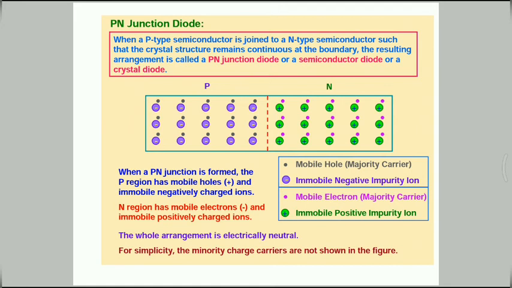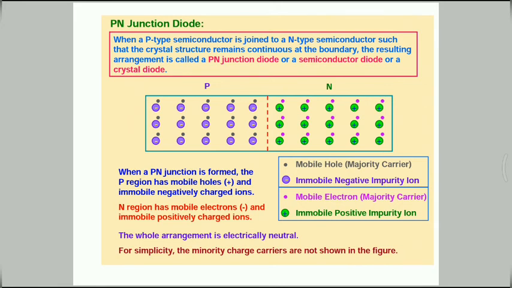During the formation of the PN junction, due to the concentration gradient between the P and N sides, holes diffuse from P side to N side, and electrons diffuse from N side to P side. The diffused charge carriers combine with their counterparts in the immediate vicinity of the junction and neutralize each other.